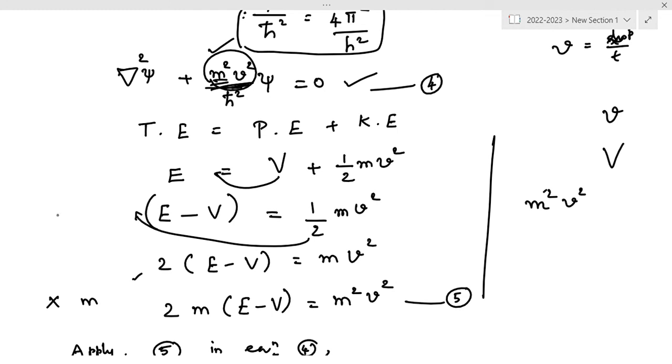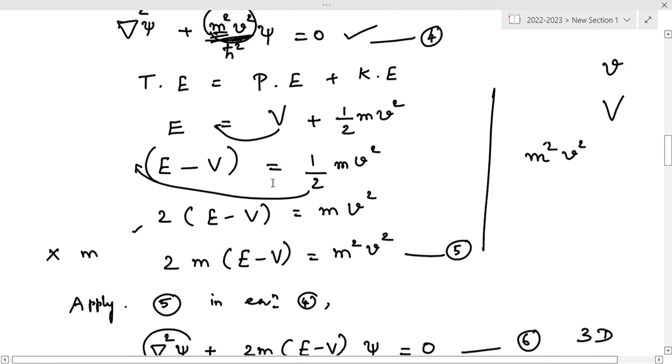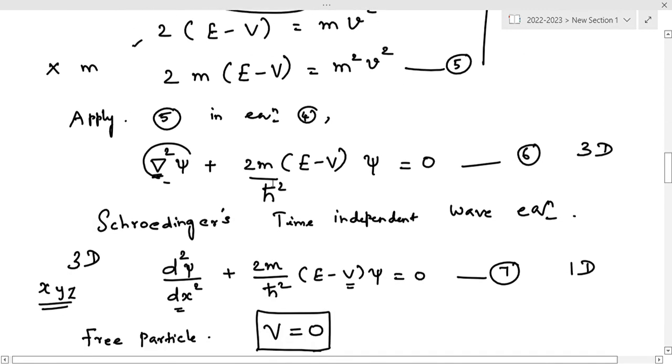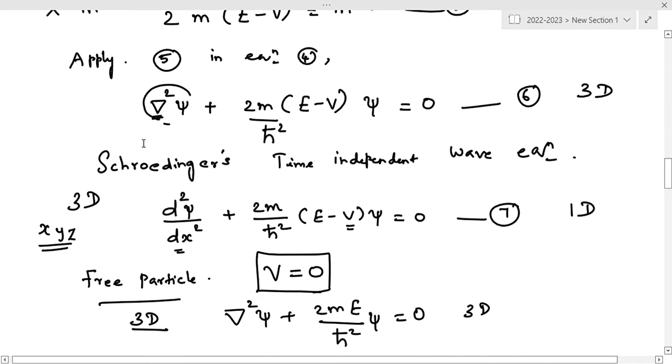The total energy possessed by the particle is equal to potential energy plus kinetic energy, and then m square v square is replaced with 2m (E minus v), and then we obtain Schrodinger's time independent wave equation in three-dimensional form.